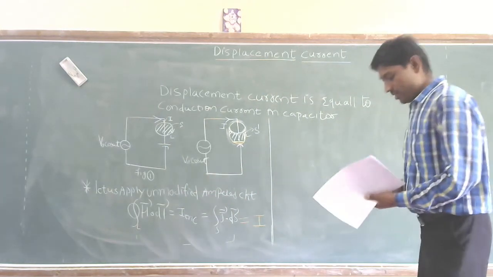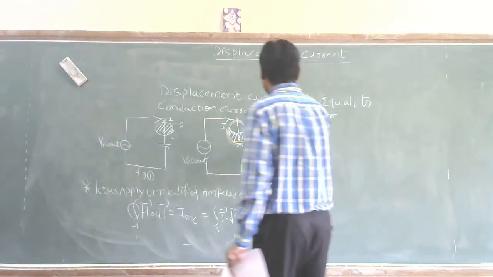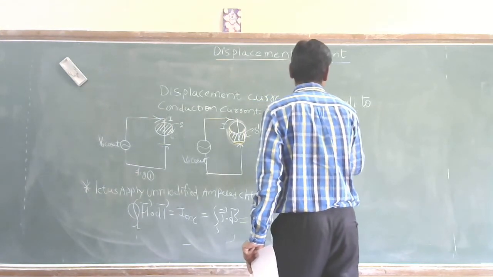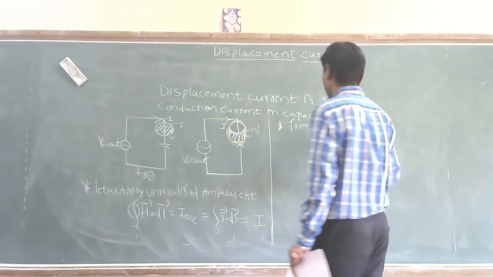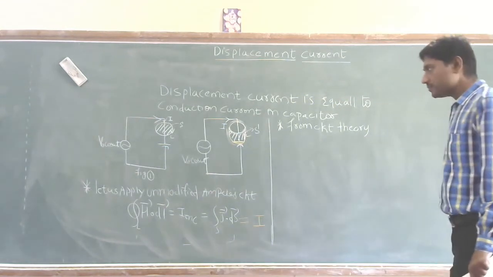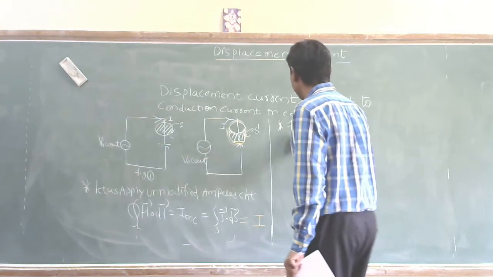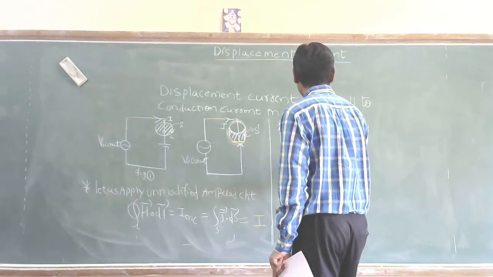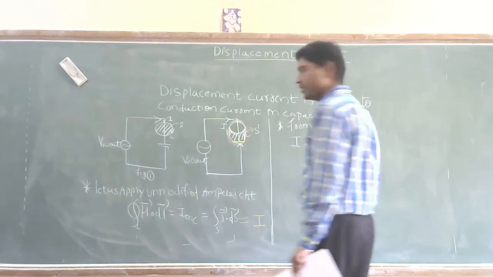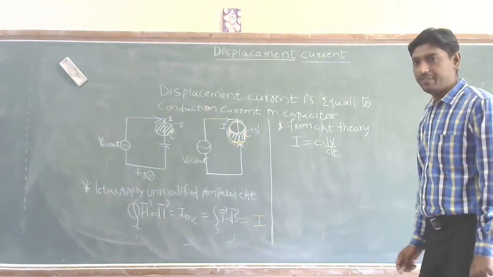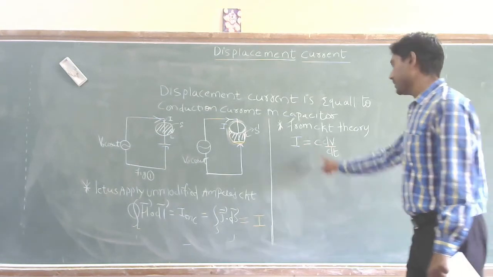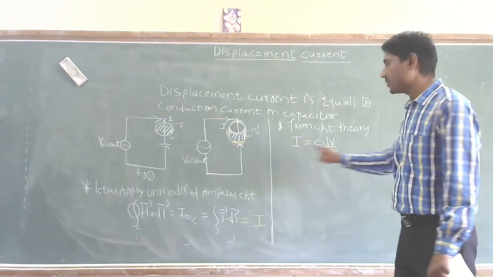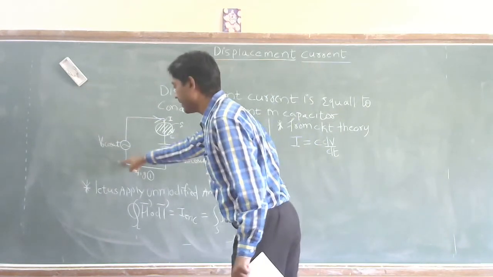Now from circuit theory, we know that this conduction current I is given by C times dV by dt, C times the differentiation of the potential difference across the capacitor.